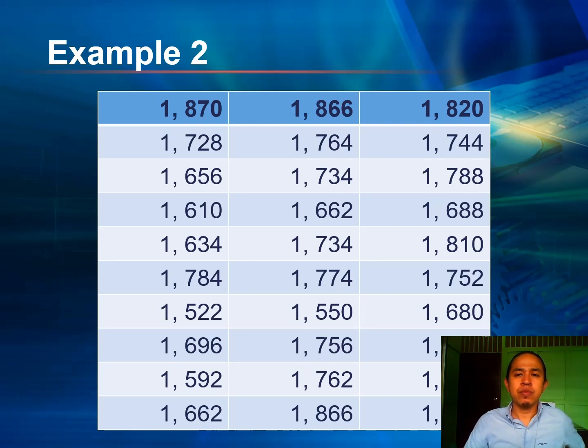Now if you have these 30 samples, you can proceed to solve for the sample mean. Afterwards you can solve for the sample variance and the sample standard deviation. And you will be using those statistics, those point estimates, in preparing your confidence interval estimate. Okay.